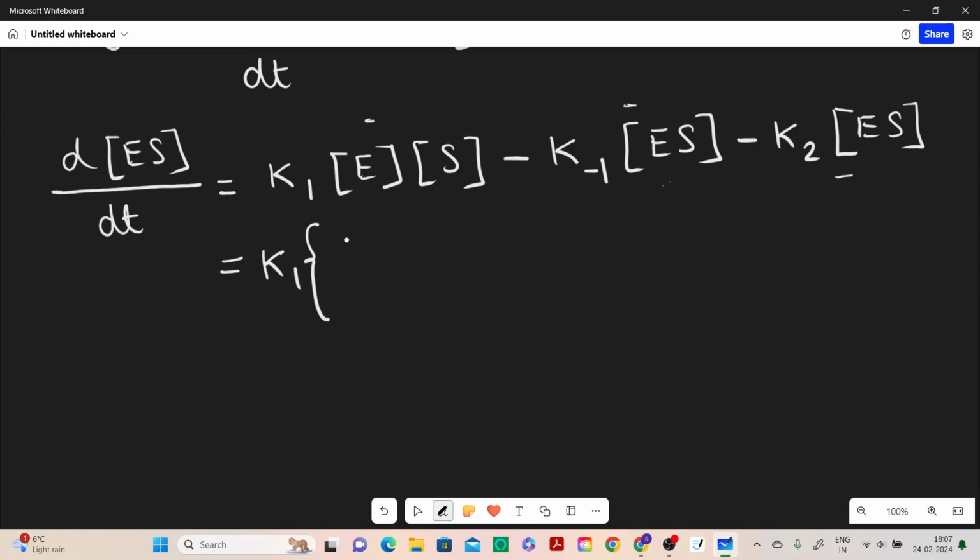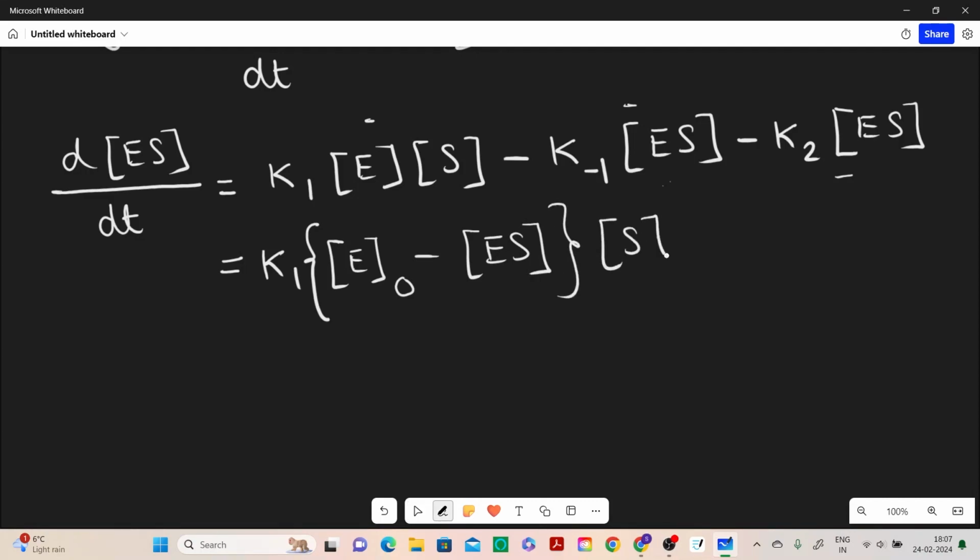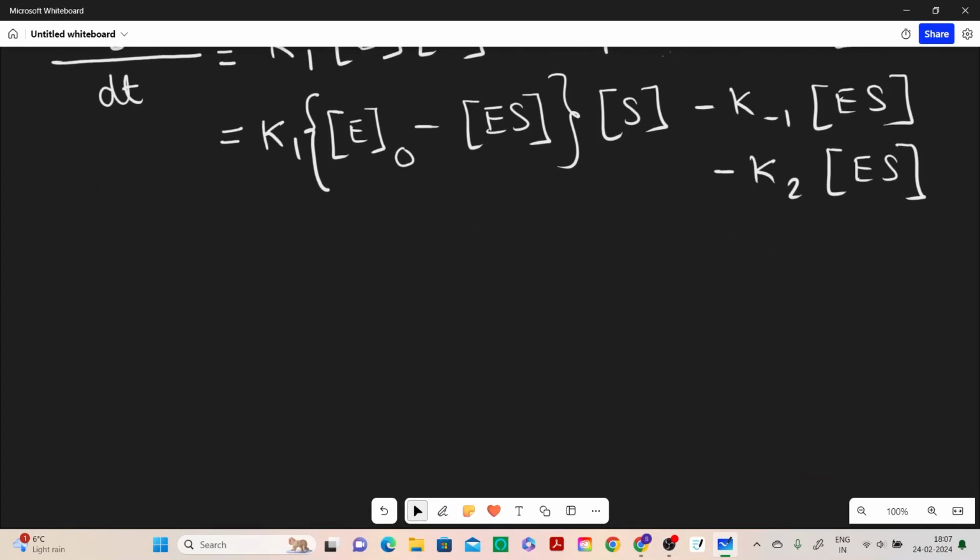So we can use that and write this free enzyme as the concentration of total enzyme, or the enzyme that was at time 0, minus the enzyme that is already bound to the substrate, and we will write down the other parts of the equation as they are. Okay, now how can we write this further?